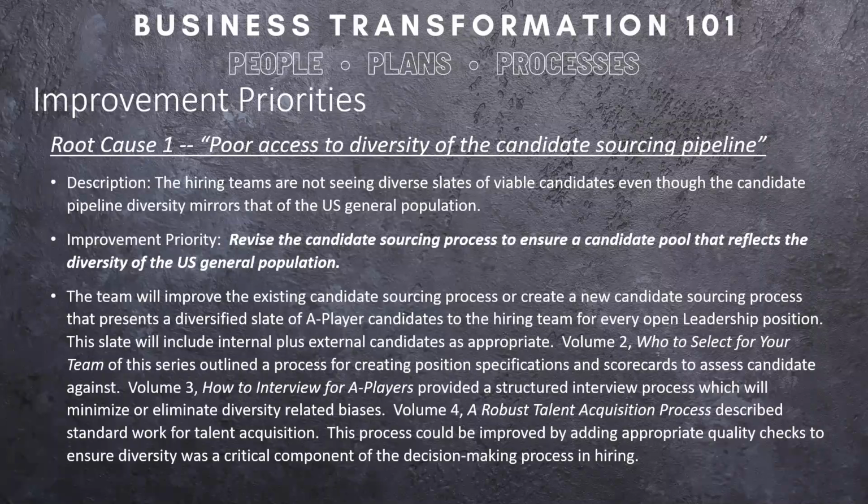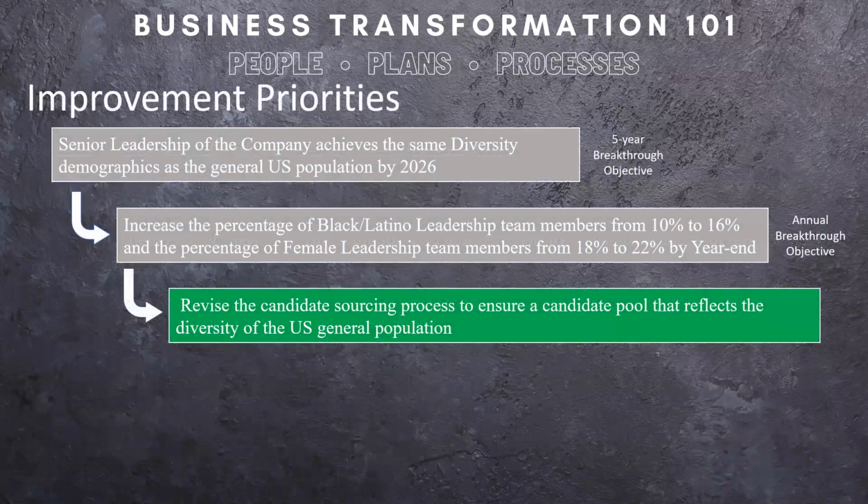Volume 4, A Robust Talent Acquisition Process, described standard work for talent acquisition. This process could be improved by adding appropriate quality checks to ensure diversity was a critical component of the decision-making process in hiring. This graphic shows the first improvement priority, addressing the annual breakthrough objective.